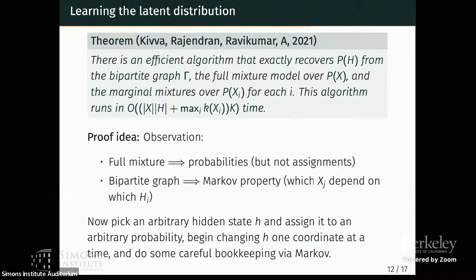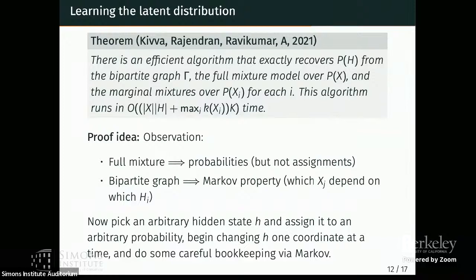Then I start changing a single hidden state, one state at a time, and I'm able to rule out certain states via the Markov property. I keep doing this inductively until I'm able to isolate the last state that corresponds to a probability, and then work my way backwards.